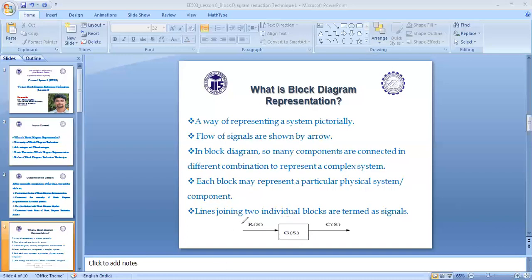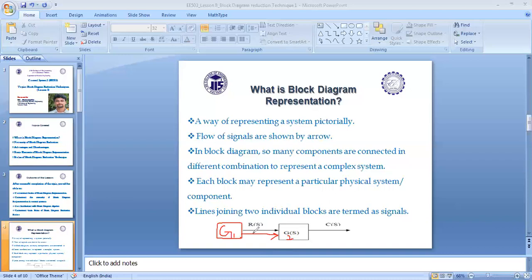Now, suppose this is one physical component having G1 transfer function, and this is another component having G2 transfer function. So these two blocks are being connected or joined through a line.